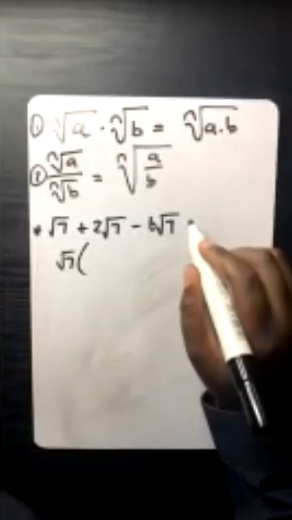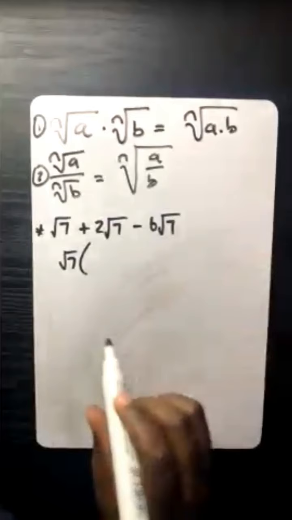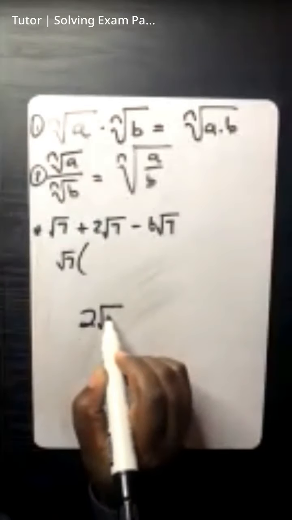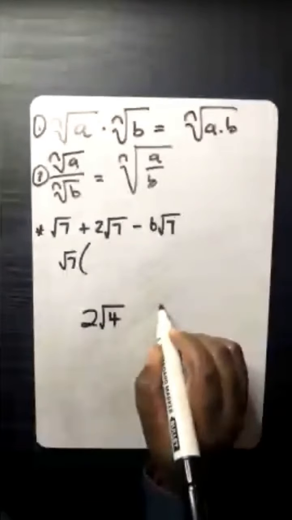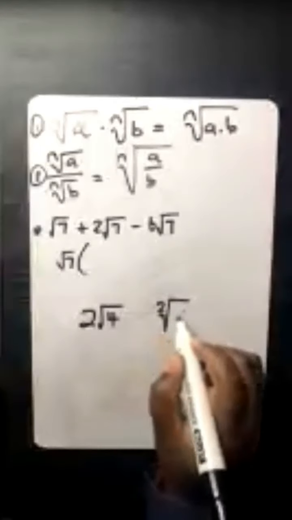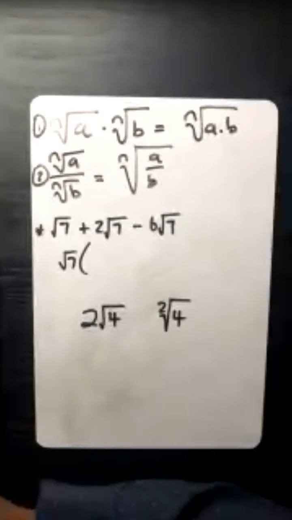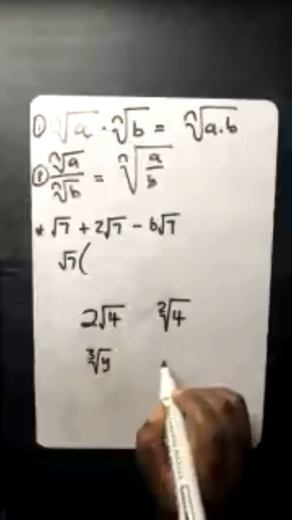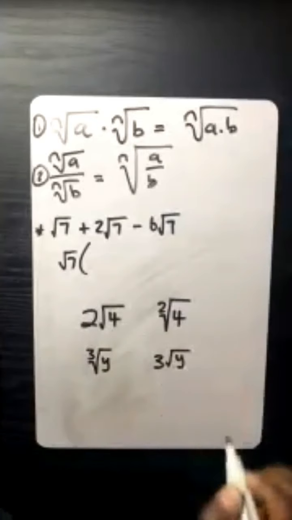It could be that my handwriting is unclear, but we have 2 square root of 4 as an example, and again we have 2 square root of 4. So these are 2 different things, Shreyas. So we have 3 square root of y, and again we have 3 square root of y.